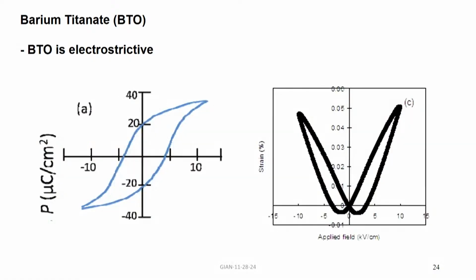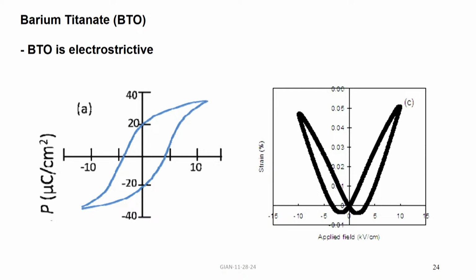So in our case, we use soft PZTs because you want high d33 to achieve a large magnetoelectric response. So we stay away from hard PZTs, and soft ones are the ones that we use.